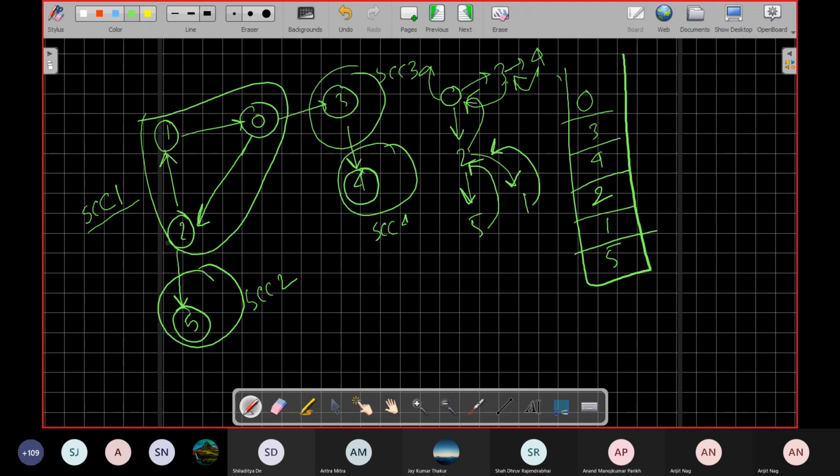So what is the member which is connected from SCC1 to SCC2? It is 2. So in the DFS tree you will see the finish time of 2 is always greater than the finish time of 5. Is it not?